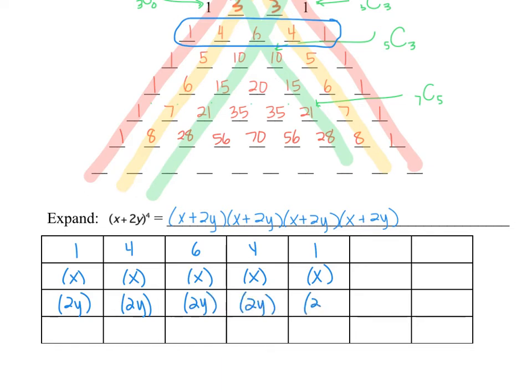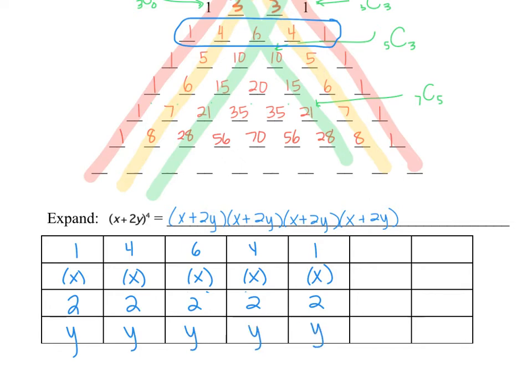It's important to use parentheses. Actually, let's separate the 2 and the y from itself. Let's do all the 2's and then all the y's. That might be easier. 2, 2, 2, 2, 2, and then y, y, y, y, y.